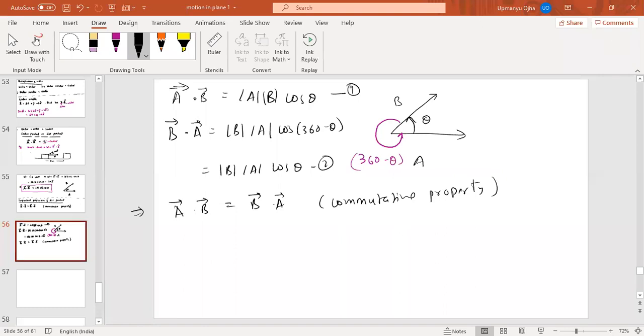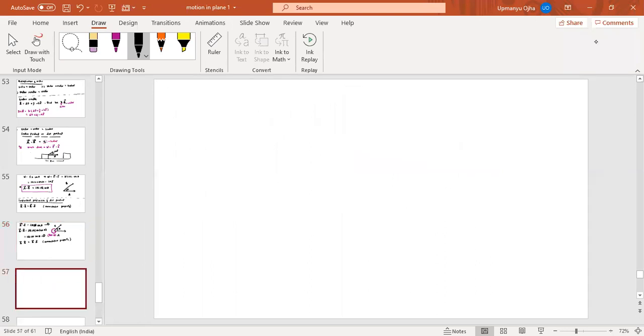Fine. Now the next property is, if A vector is perpendicular to B vector, perpendicular means what? The theta is equal to 90 degree.